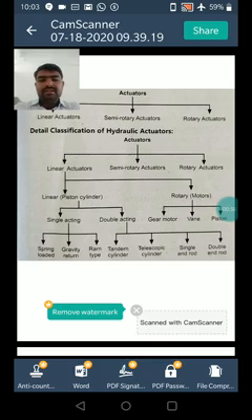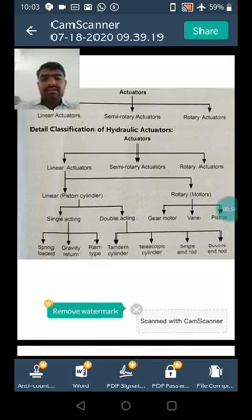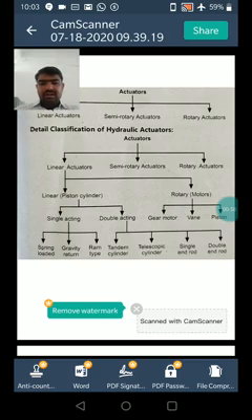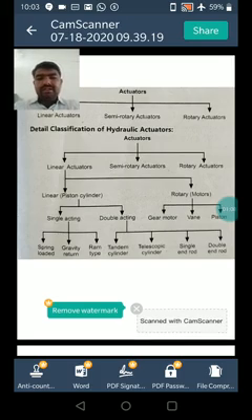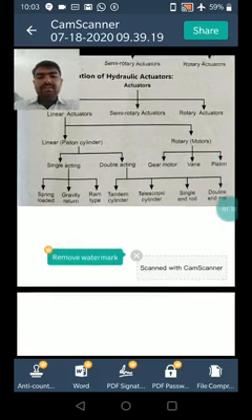In that there is single acting and double acting. In single acting there is spring loaded, gravity return, ram type. In double acting there is tandem cylinder, telescopic cylinder, single end cylinder and double end cylinder.